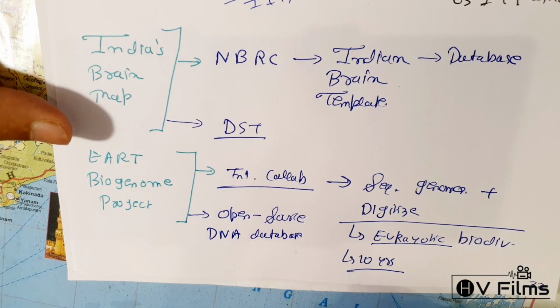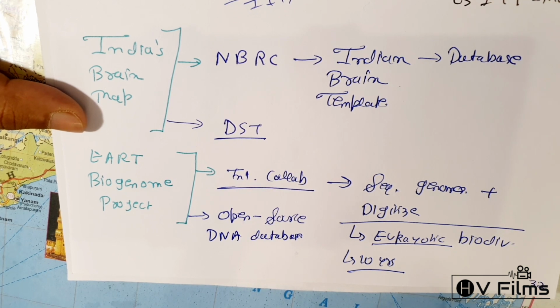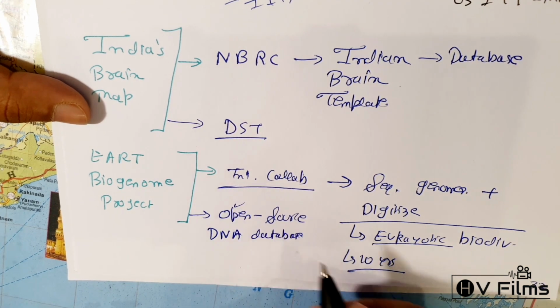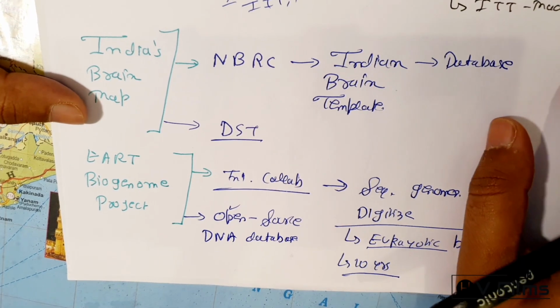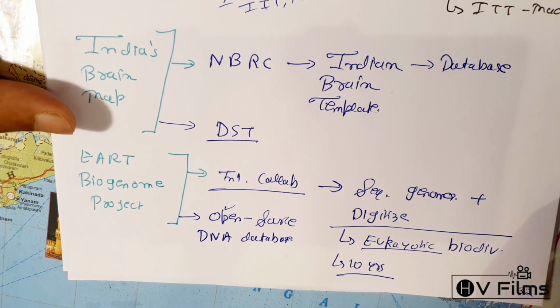So its application can be again like environmental conservation initiatives, but the only problem here is that it may lead to digital biopiracy, because it will be open source. If something is open source, it can be used by anyone, and because of that, biopiracy is a concern.